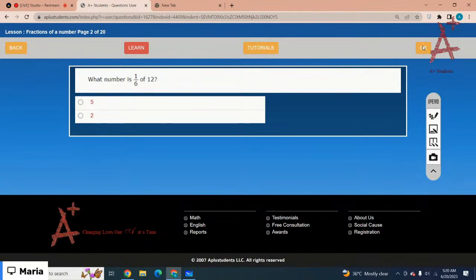What number is 1/6 of 12? So which is the correct option? 1/6 of 12 is 12 divided by 6, and that would be 2. 12 divided by 6 is 2.